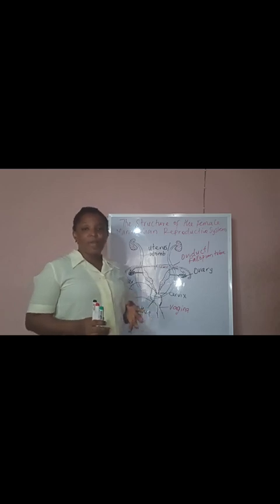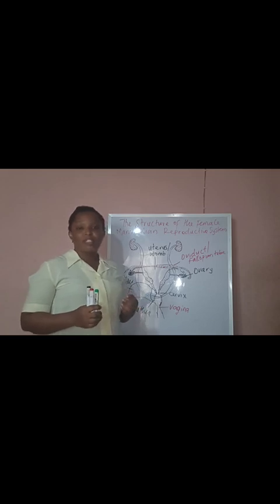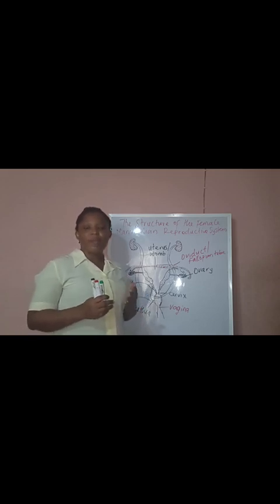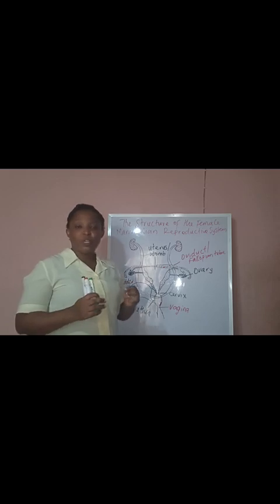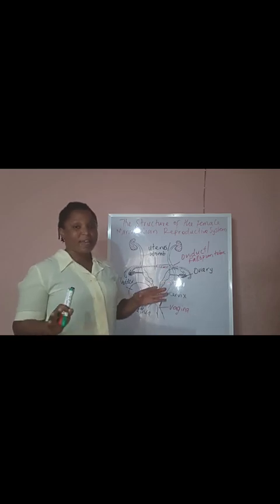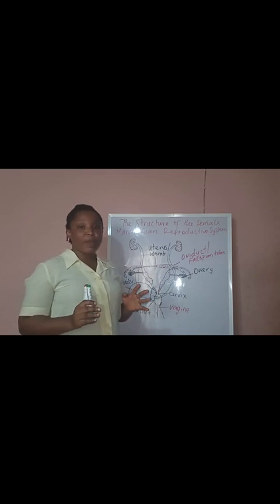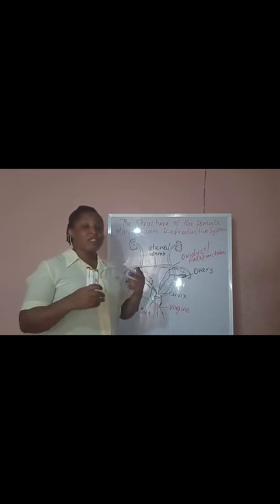It is covered with hair, followed by the labia majora. These are two lips that bear hair. And then we have the labia minora. There are two lips also, but they do not have hair, so they are hairless. All this area covered by the labia minora, we refer to as the vestibule.